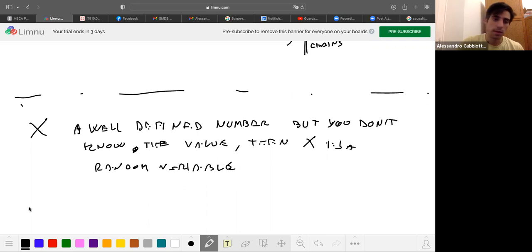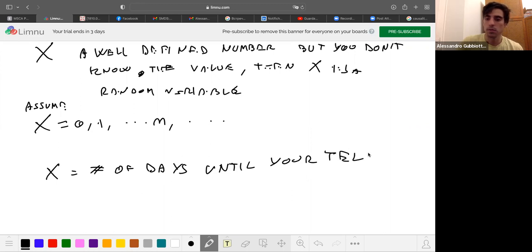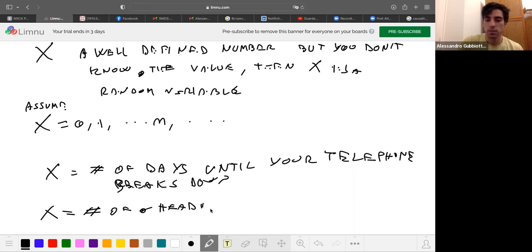Assume that for some reason you know that x takes values 0, 1, n, etc. Examples of these numbers are x equal to the number of days until your telephone breaks down, or x equal to the number of heads in n Bernoulli trials.